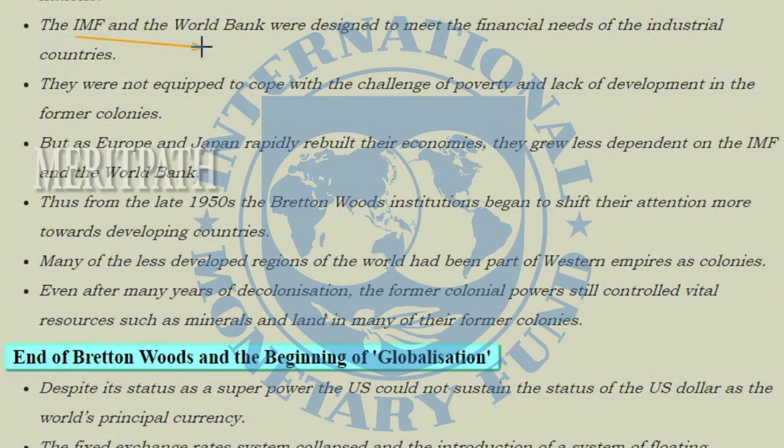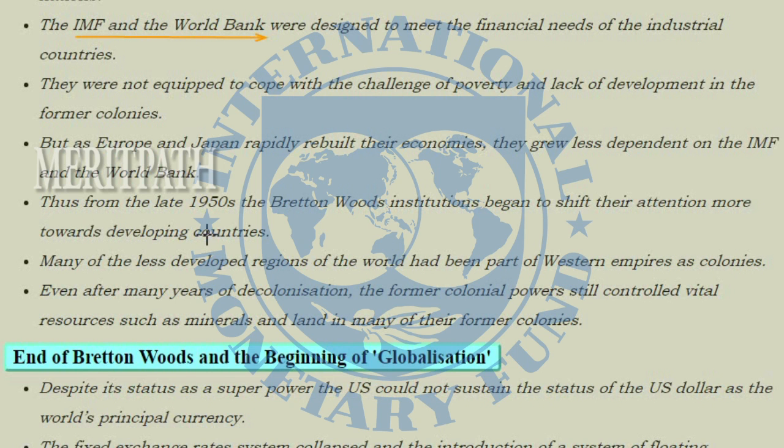The International Monetary Fund and the World Bank were designed to meet the financial needs of the industrial countries. They were not equipped to cope with the challenge of poverty and lack of development in the former colonies. But as Europe and Japan rapidly built their economies, they grew less dependent on the IMF and the World Bank.